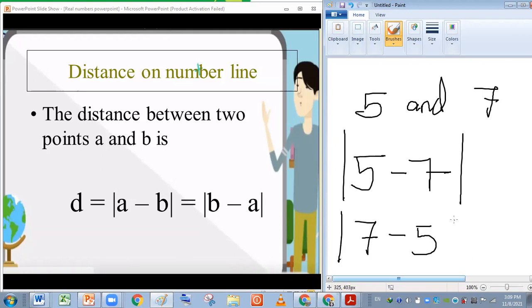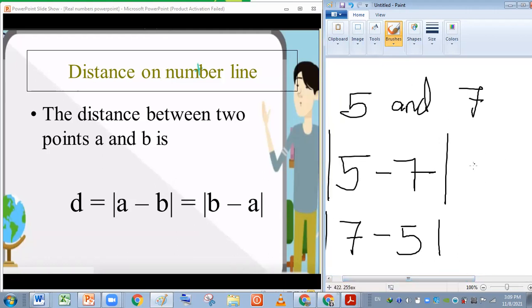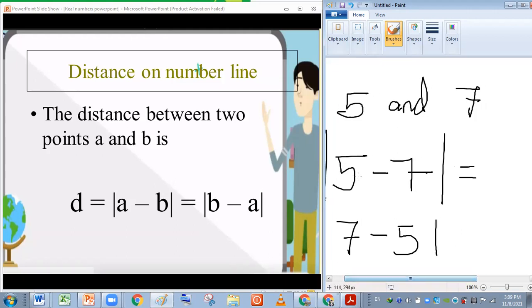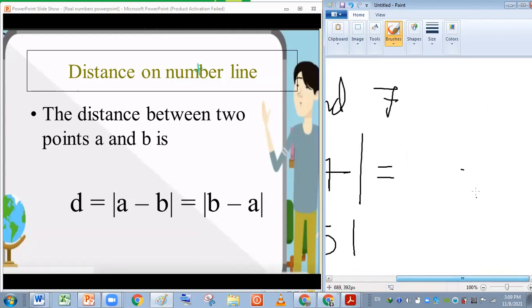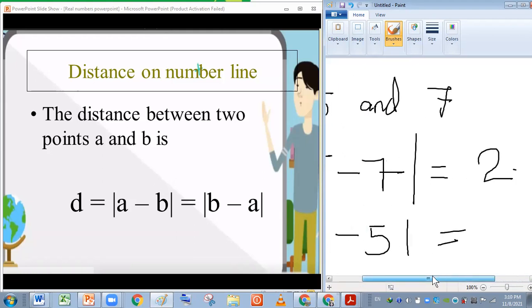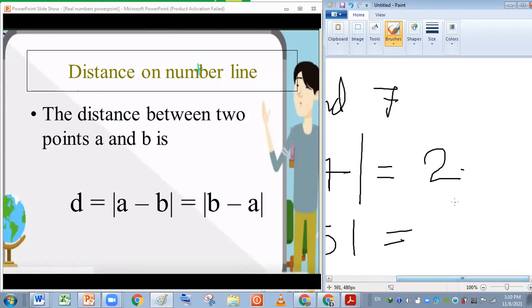Either way you arrive at the same answer. 5 minus 7 is negative 2, and the absolute value of that is 2, so 2 units. And 7 minus 5 is 2, which is the absolute value of 2.